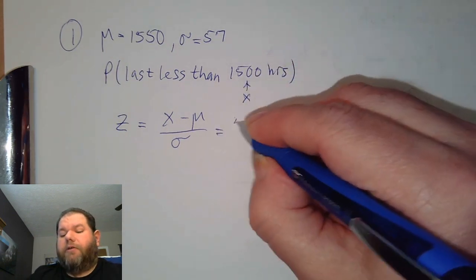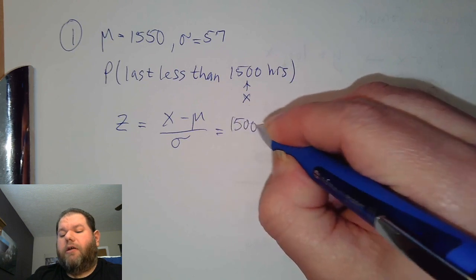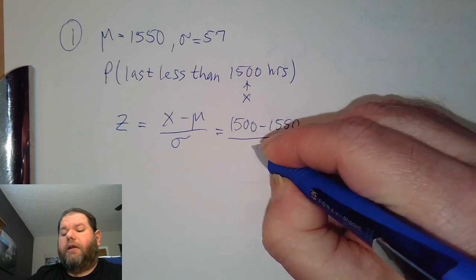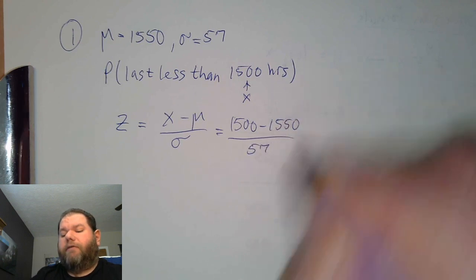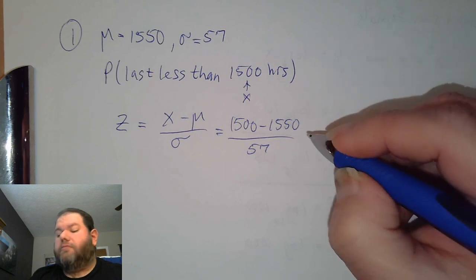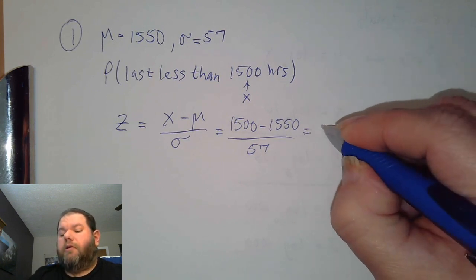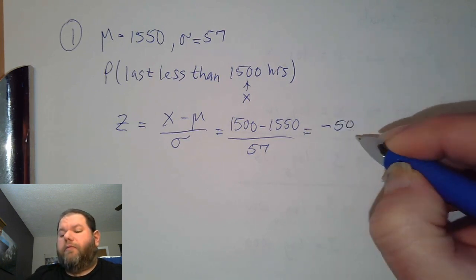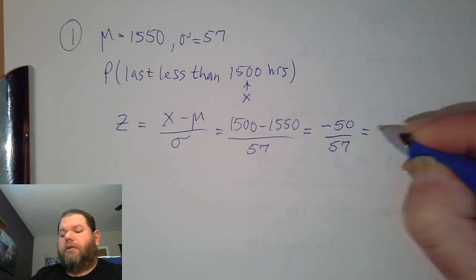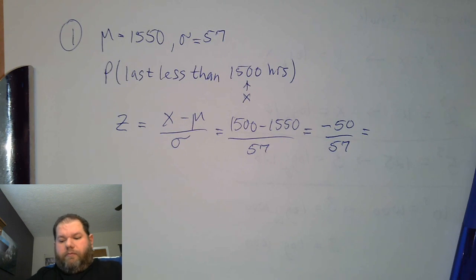So 1,500 minus 1,550 and divided by 57. So negative 50 over 57. And so we'll calculate that.